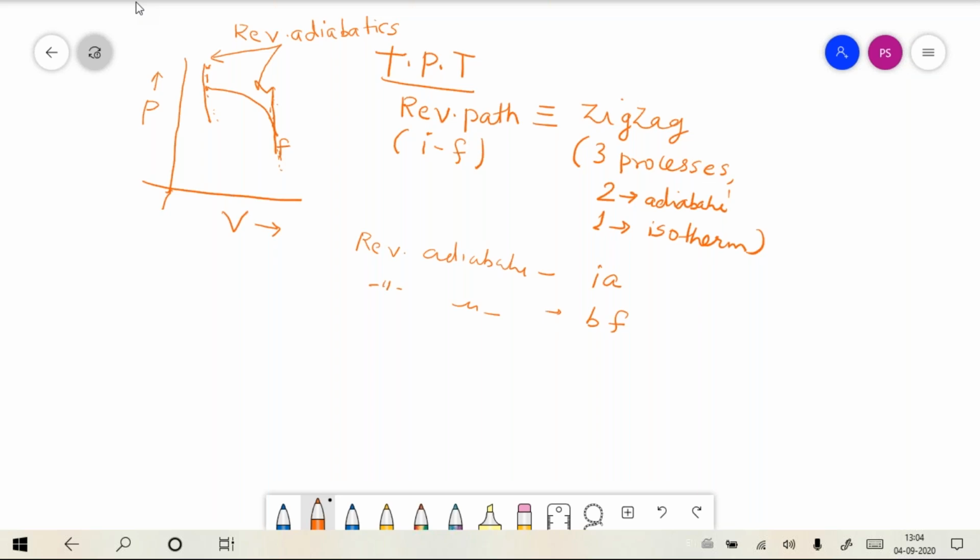So let us say this is A, and this is B. So this is I, A, B, F. I need to draw these lines.